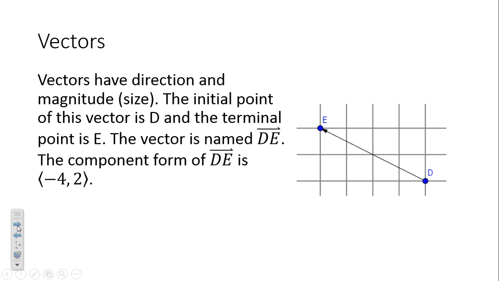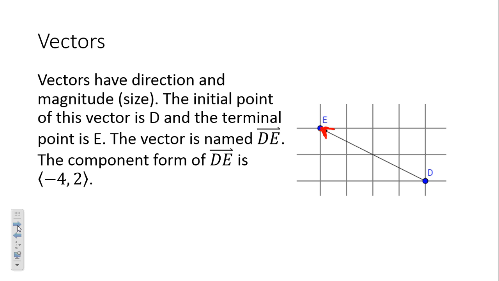The initial point of this vector is D. How do we distinguish between the initial point and the terminal point? Can someone tell me how you can tell which is which? The arrow. The arrow is at the terminal point. So we name this vector vector DE, always naming it with the initial point first, the terminal point second.